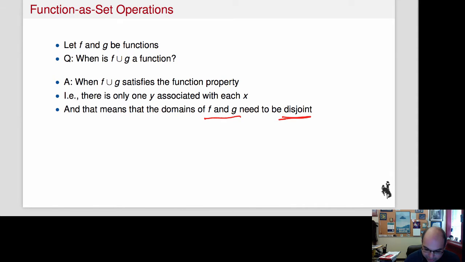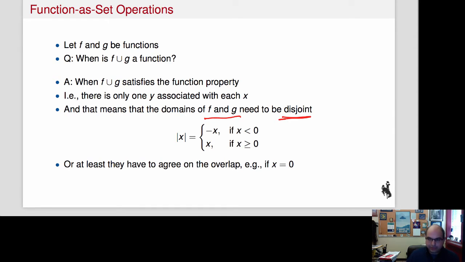A slightly more general answer might be this. It's okay if the domains overlap, right? As long as the values of the functions f and g agree on that overlap. So here's kind of a classic function that is defined as a union, right? We have two functions, minus x with the domain x less than 0 and x with the domain x greater than or equal to 0.